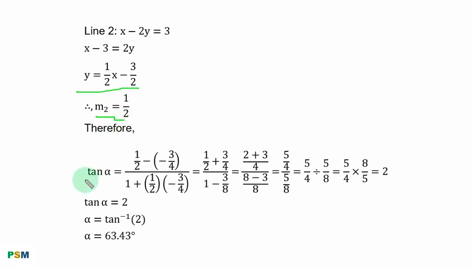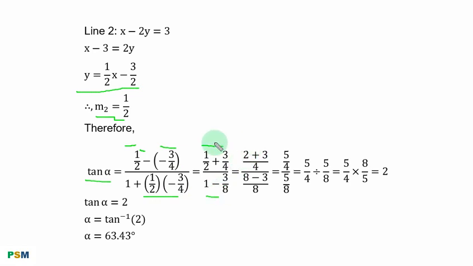Therefore, tan alpha is equal to m2 minus m1 over 1 plus the product of the two gradients. Minus minus is plus, plus times minus is minus. 1 times 3 is 3 over 2 times 4, that is 8.